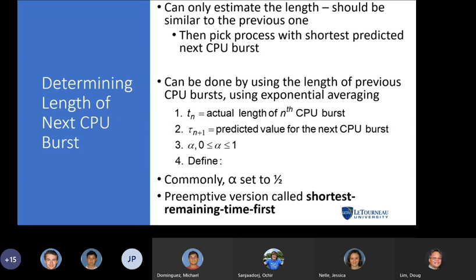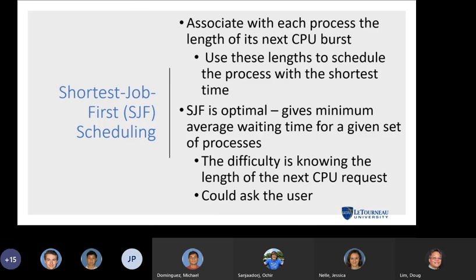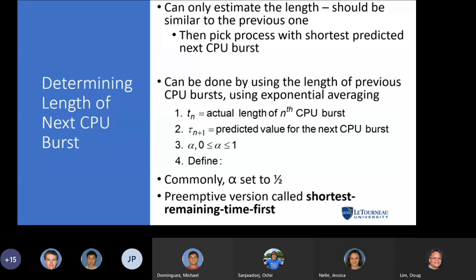So again, we're moving on to this concept of our typical swap in and out of the CPU.